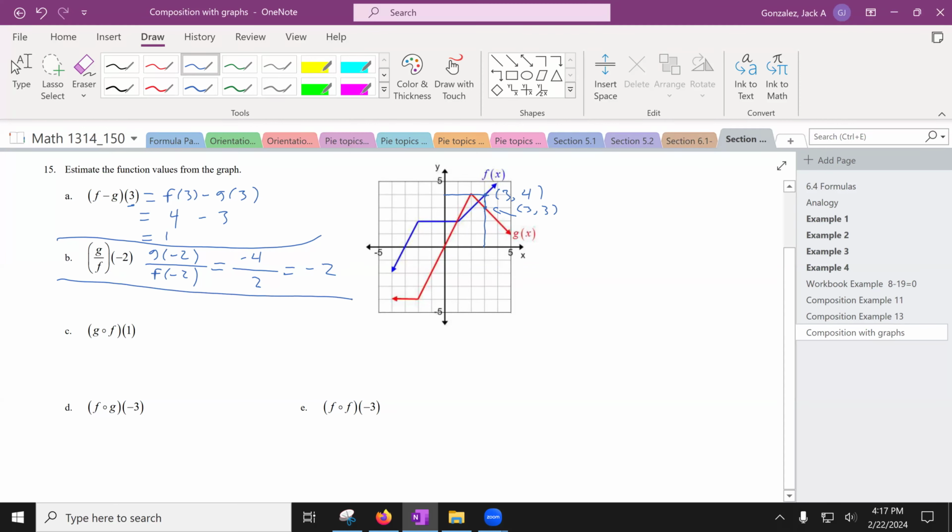Do the same thing, but with compositions. Use the graph to help you out. What does this mean again? This is the composed one, G of F at 1.